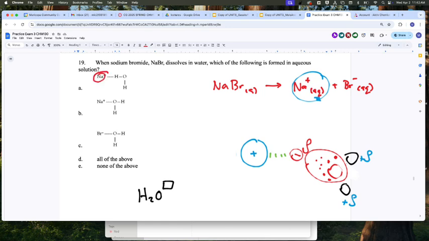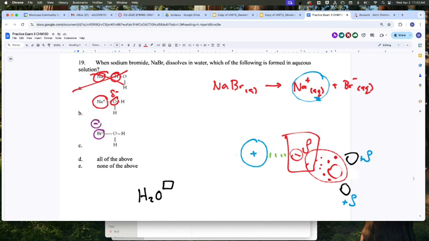Well, A puts the sodium next to a positive hydrogen. That doesn't make sense. B puts the sodium next to the oxygen. What charge did we say the oxygen was? Negative. That's aligning the charges so that they cancel out. That's a good interaction. I like that interaction. What's happening with C?